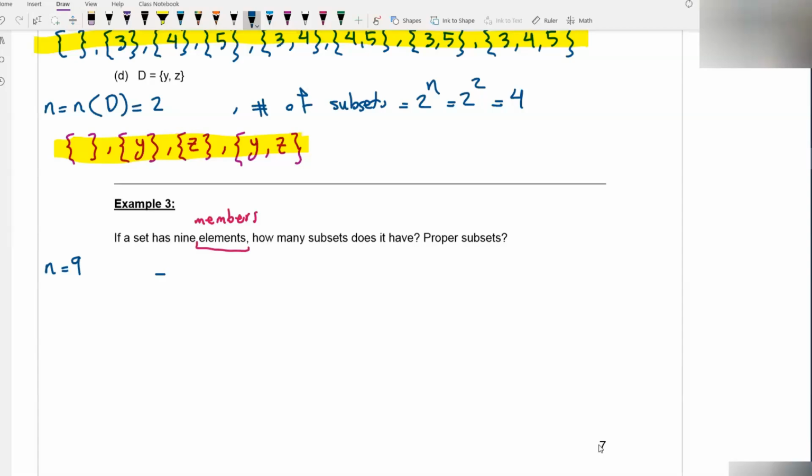Now finding number of subsets. That is equal to 2 to the nth power. So it's 2 to the 9th power. Using calculator, and that is 512. Now finding number of proper subsets.